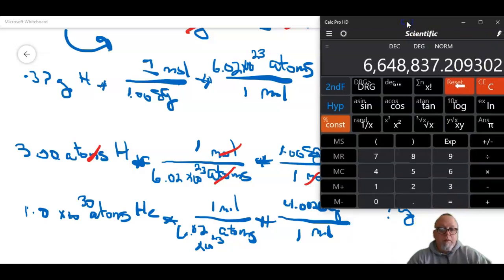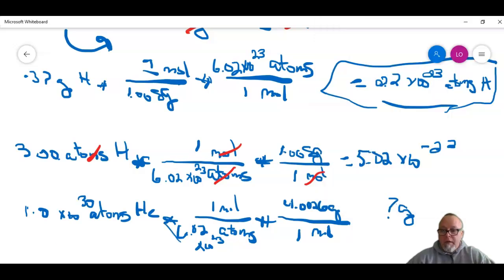We're looking at a rather large number. We have 2 sig figs here, so 6.6 million, or 6,600,000.